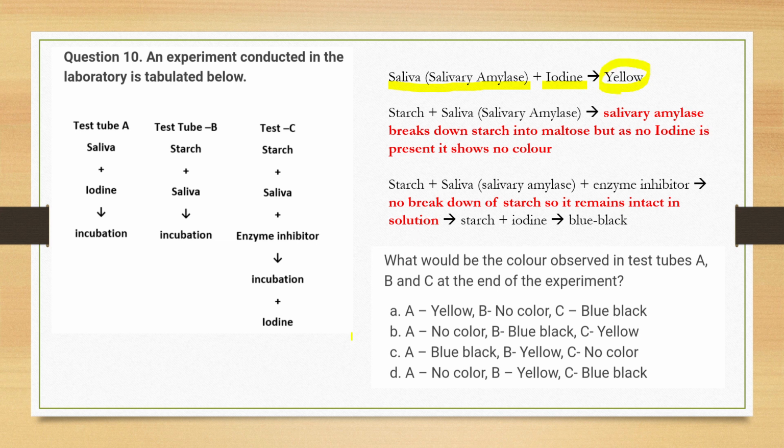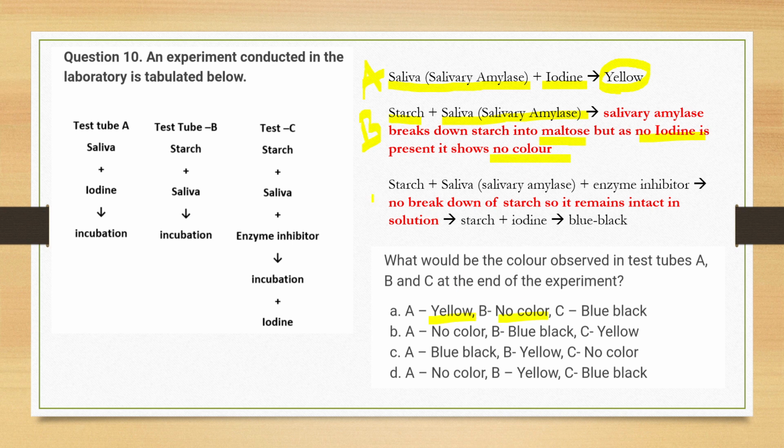In test tube B, starch is mixed with saliva. Starch is broken down by the salivary amylase of saliva into maltose, but as there is no iodine present, it will not show any color. So test tube B will show no color.